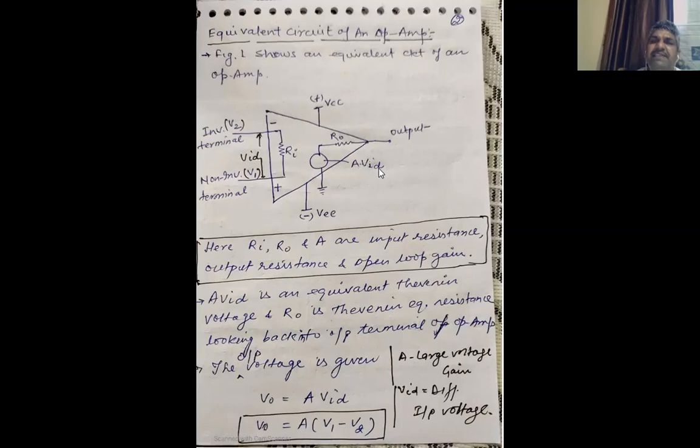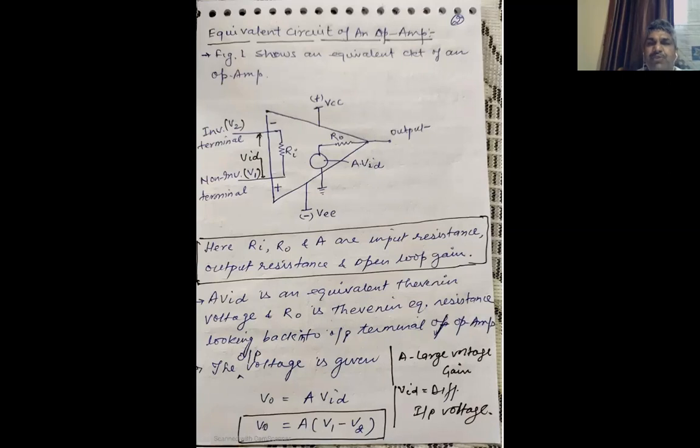A·VID is the Thevenin equivalent voltage source and Ro is the Thevenin equivalent resistance looking back into the output terminal of the operational amplifier.